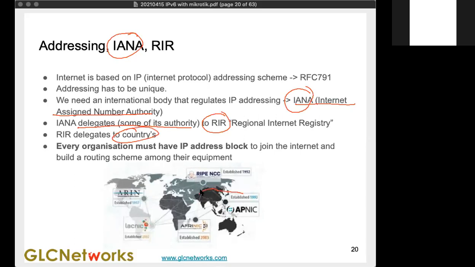We are in Asia Pacific, so we are managed by APNIC. Europe and the Middle East are managed by RIPE, Africa by AfriNIC, Latin America by LACNIC, and North America by ARIN. So we have 1, 2, 3, 4, 5 regional internet registries that manage the IP addresses.